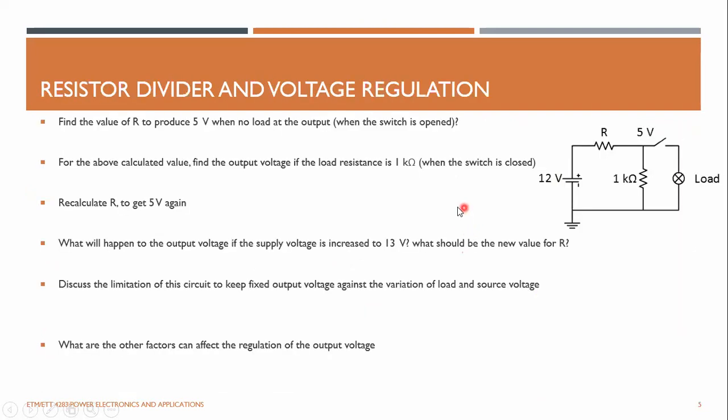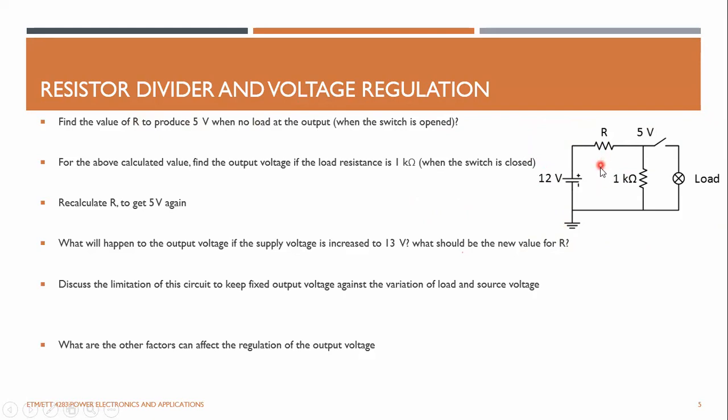Right. So we can have this simple example, in order to understand the concept of a voltage regulator, or the concept of a linear regulator. I have sent you this example to work by yourself. Hope you have worked on it.